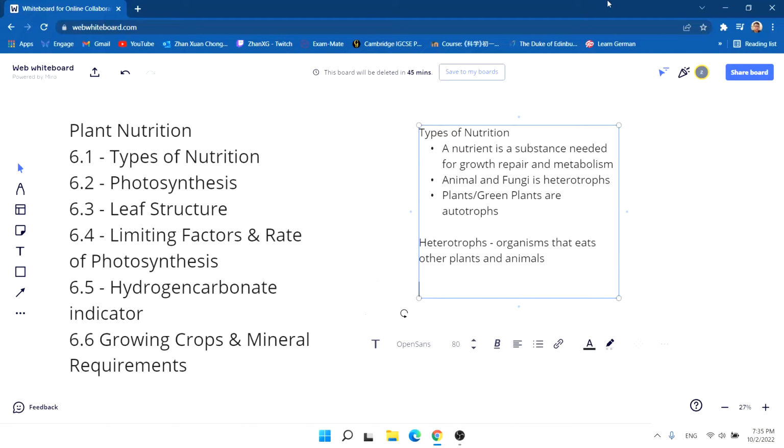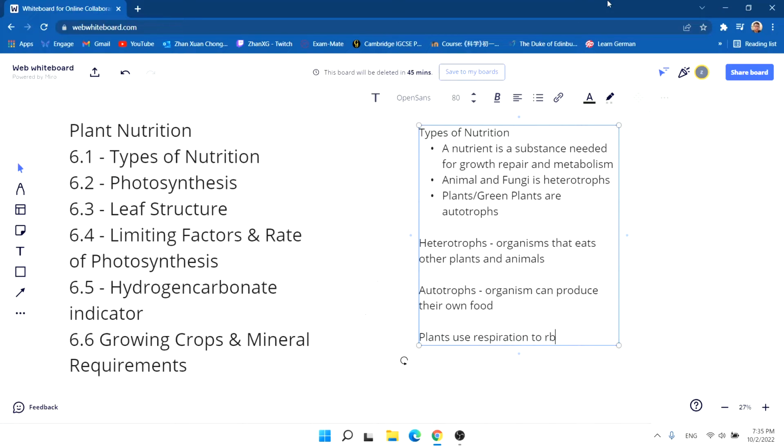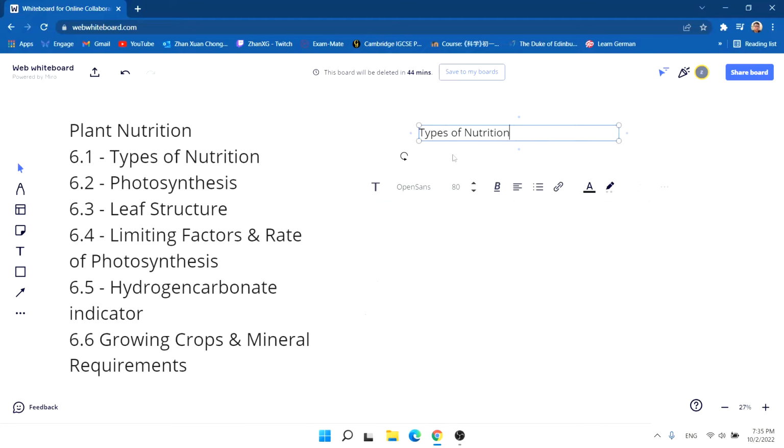And then autotrophs are basically organisms that can produce their own food. Okay, so plants use respiration to break down. So these are just the types of nutrition, and then next we will enter photosynthesis.